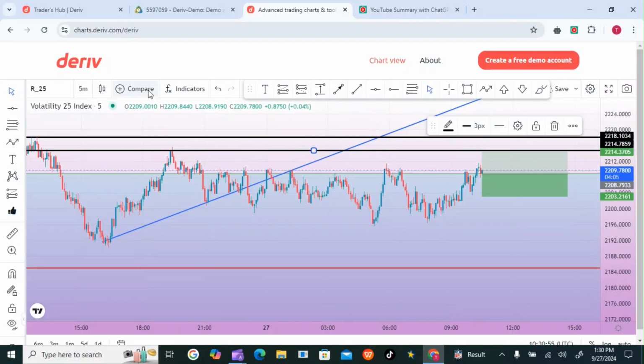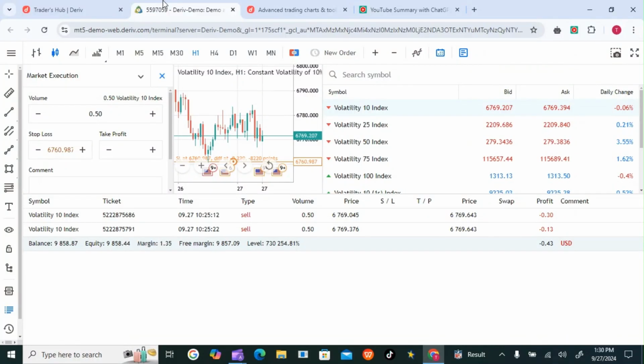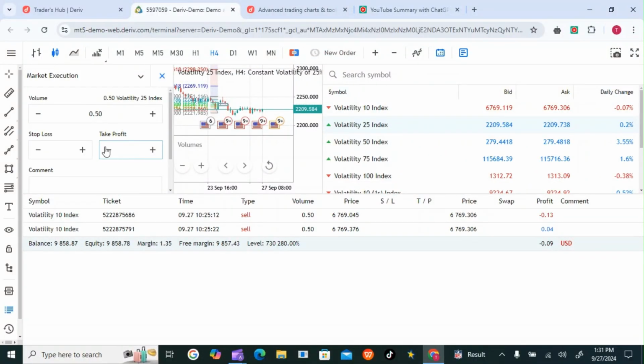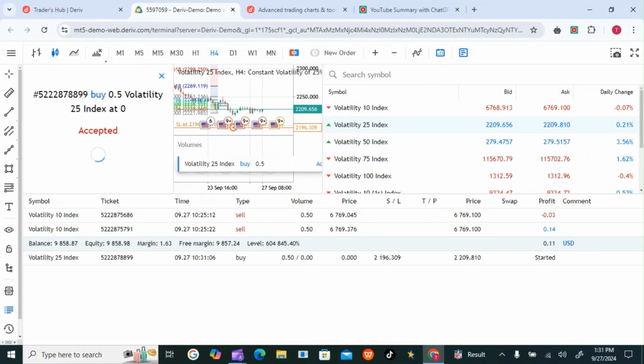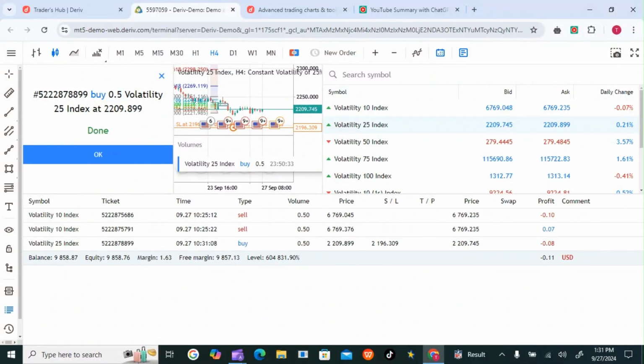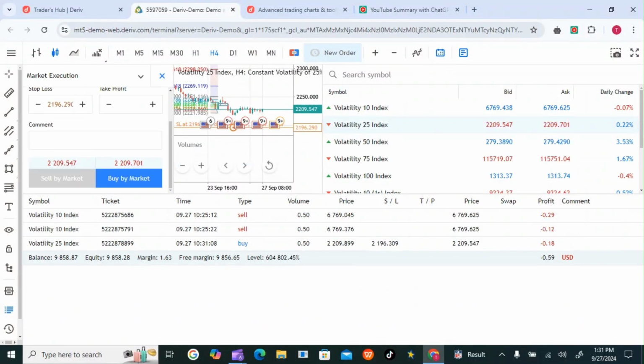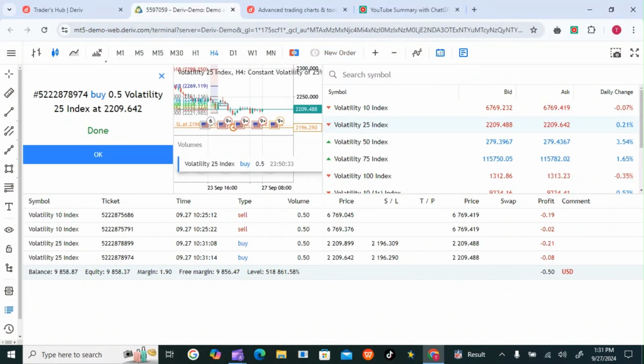So I'll just take a buy position to that point. That's Volatility 25. So new order, and then I take buy, and then new order, buy. We'll take 3. So our first trade we take 2. Just revert with it like that.